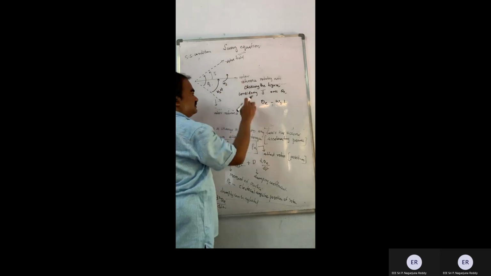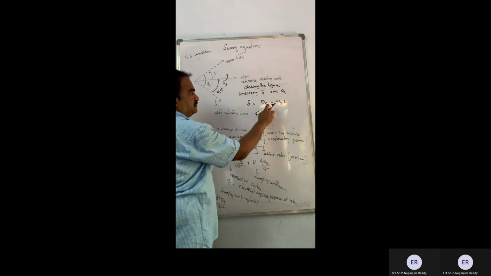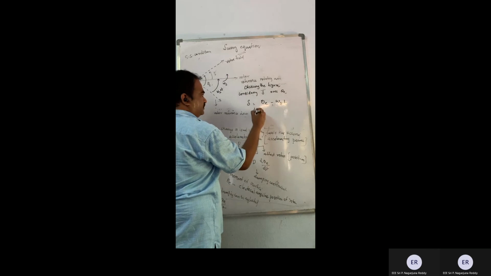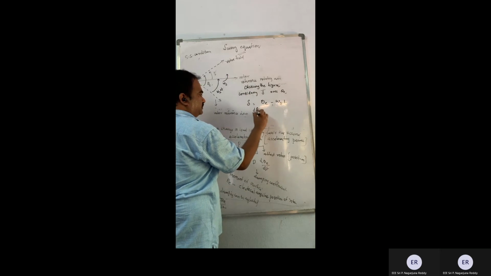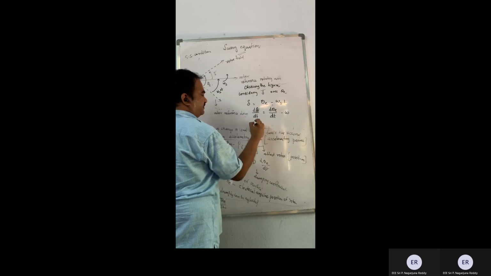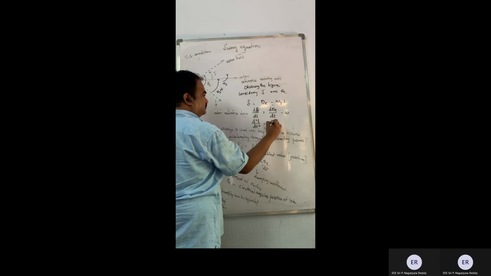So this is the difference: delta is equal to theta E minus omega S into t. Now, if I differentiate it with respect to time, what will I be getting here? If I double differentiate it, I get this one. Now I am substituting this one.